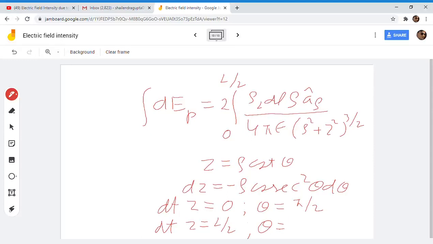Your theta will be cot inverse of L by 2 rho. Just check it.